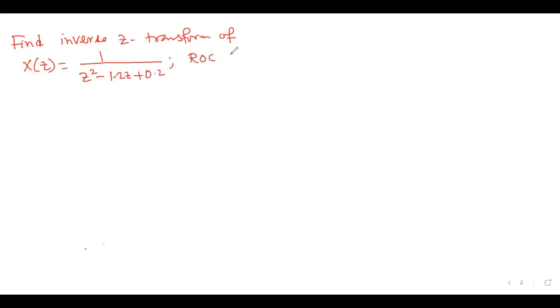ROC is given as mod z greater than 1, that is a right hand signal. You need to know two things. First, you need to find the partial fraction form. I am telling you again, this is very important: you need to know the z transform of r to the power n u(n), which is z by z minus r, for positive ROC.